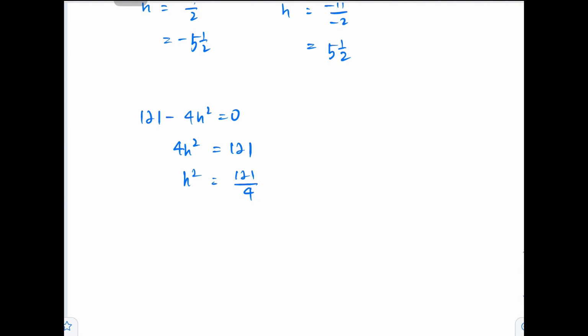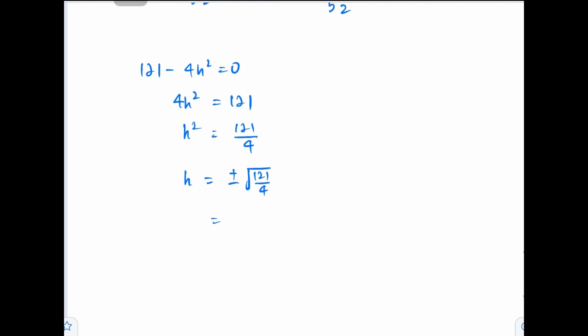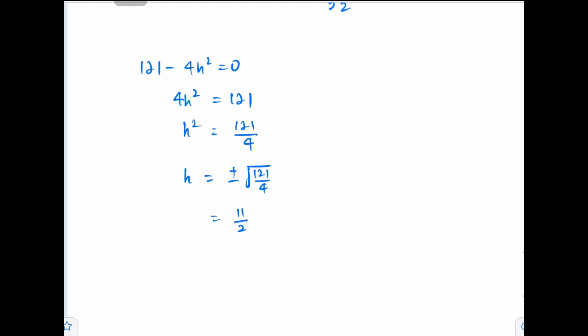So how can I find h? h will be the positive and negative square root of 121 over 4. So if I were to square root 121, I will get 11. I square root 4, I will get 2. So I'm going to get positive and negative 11 over 2. So that is the positive and negative 5.5.